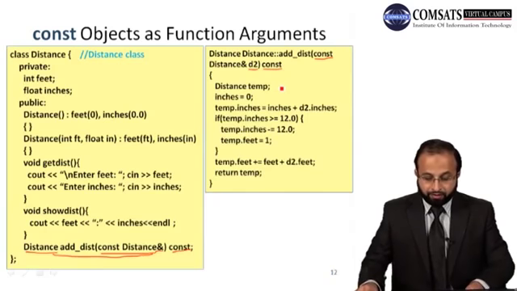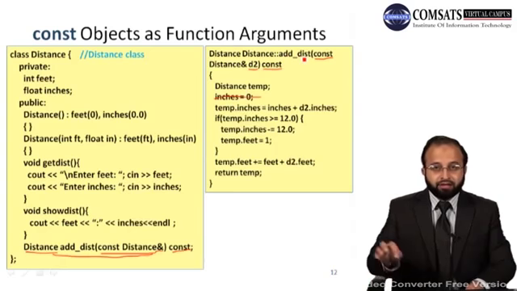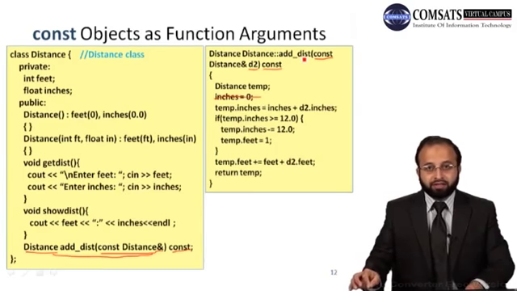So here you can see this line shouldn't be here, right? Because if we write inches is equal to 0, then these inches are the private data member of the object that is calling add dist function, right? The object like d2 or d dot add dist.